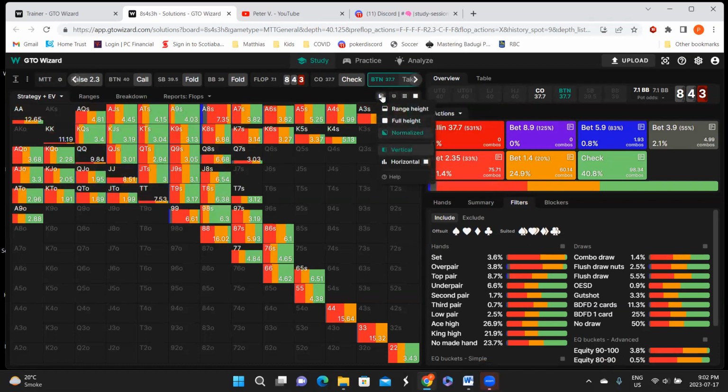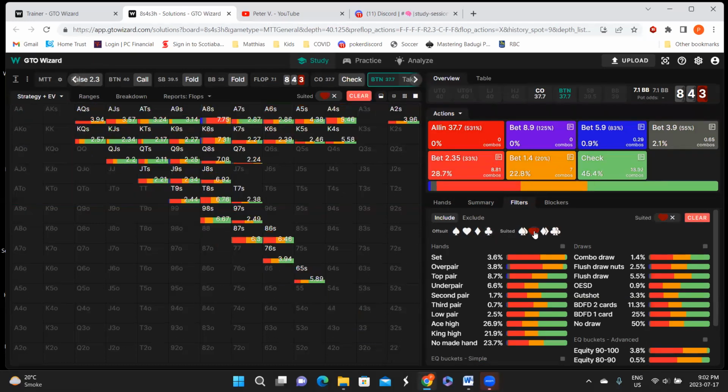Have I missed it? Okay, oh, here it is. Include hearts. So when we look at our hearts, they are checking back 45%. So they're checking back twice as much as our range in general wants to check back.